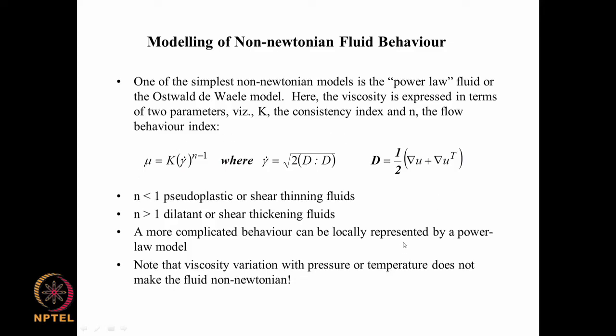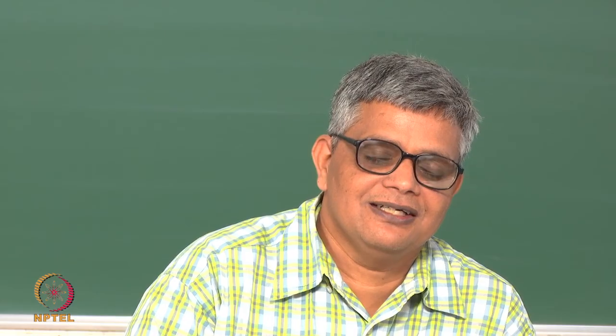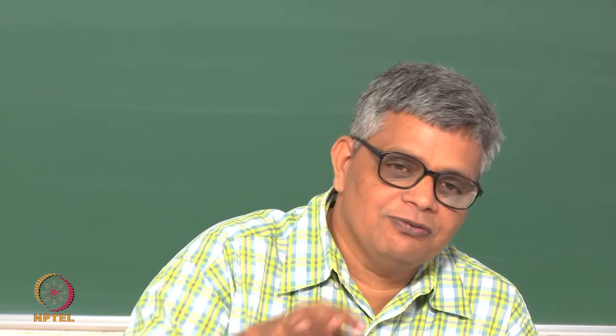So those kind of non-Newtonian fluid behavior is something for which the equations that we are solving in this course are not applicable. So there are also other cases like flow through porous media in which the equations that we have derived are not applicable, because part of the flow domain is occupied by the solid, only part of it is available for flow, and even then you do not have a simple straightforward flow through that.